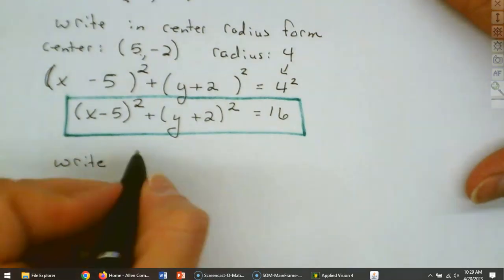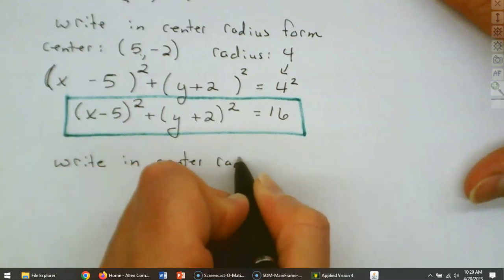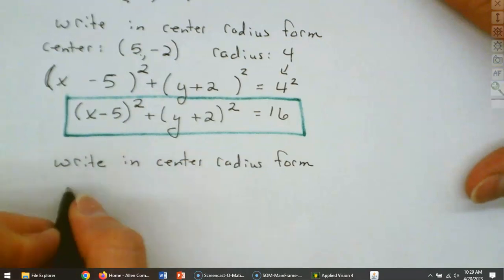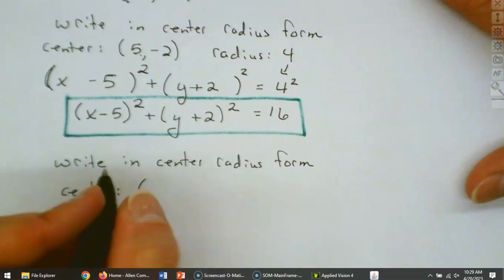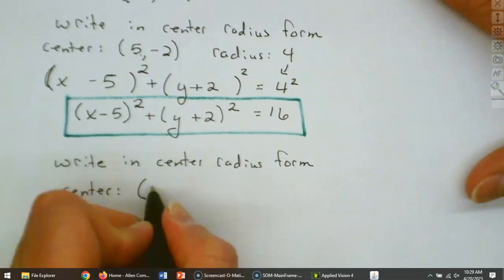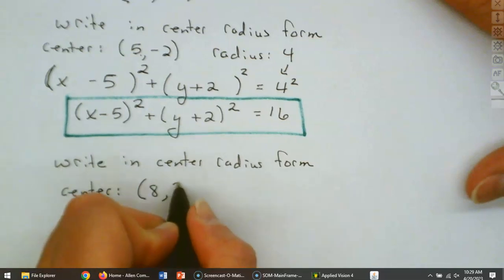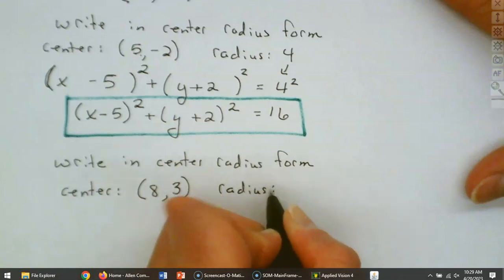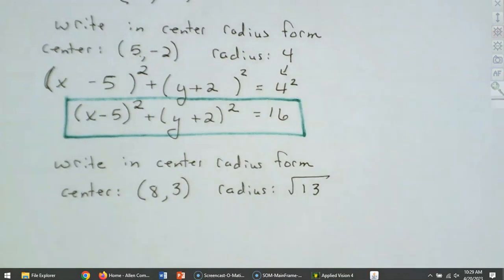So again, we're going to write in center radius form. And let's say we have a center that's at 8, 3, and a radius, let's say the square root of 13.